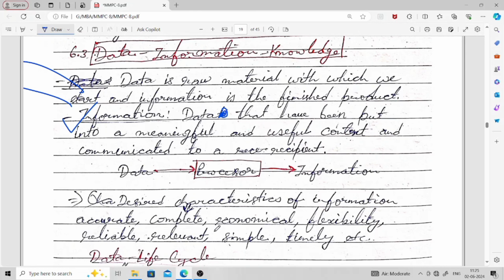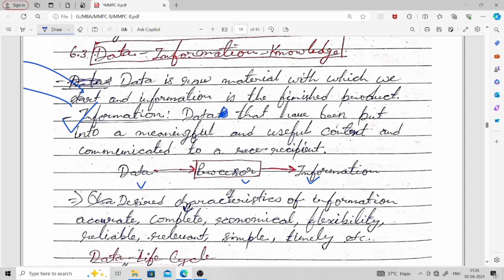So if data is put into a meaningful and useful context and communicated to the recipient, then it is known as information. In this block, the data is the input, then we do some processing on the data, and after processing we get the information. Clear?